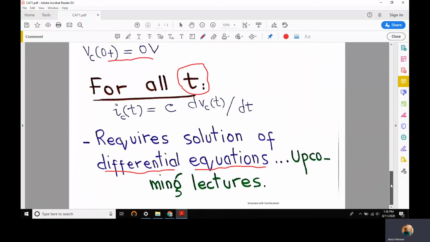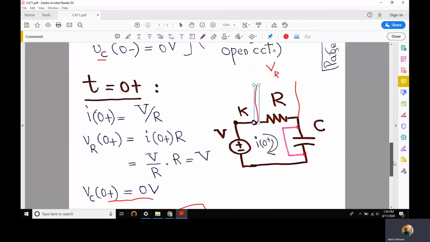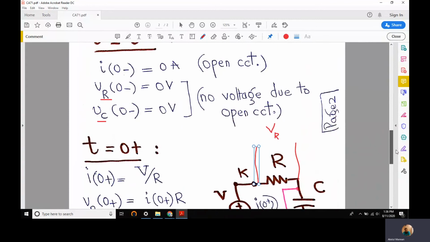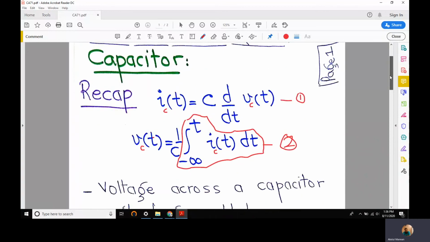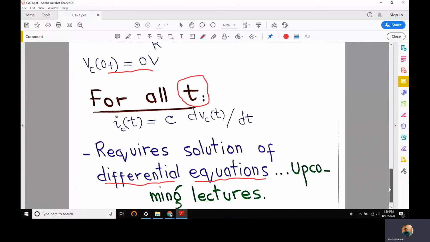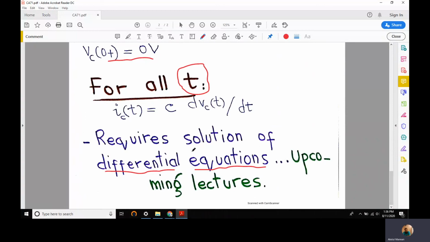That important solution will be discussed in our upcoming lectures after we have studied this transient behavior just after opening or closing the switch for inductors and capacitors both. So maybe after 2 or 3 lectures we will be discussing this differential equation based solution to compute i(t), i_C(t) and v_C(t) for all different values of t.